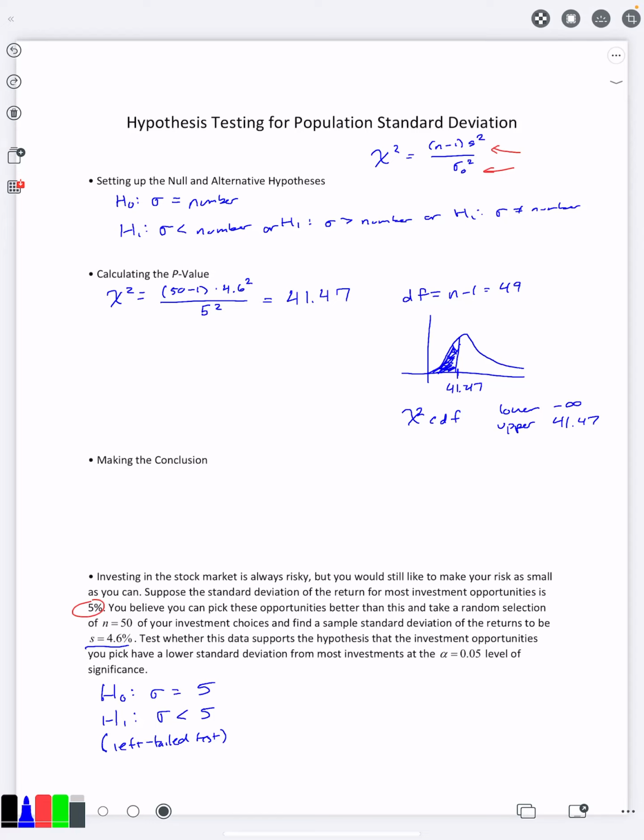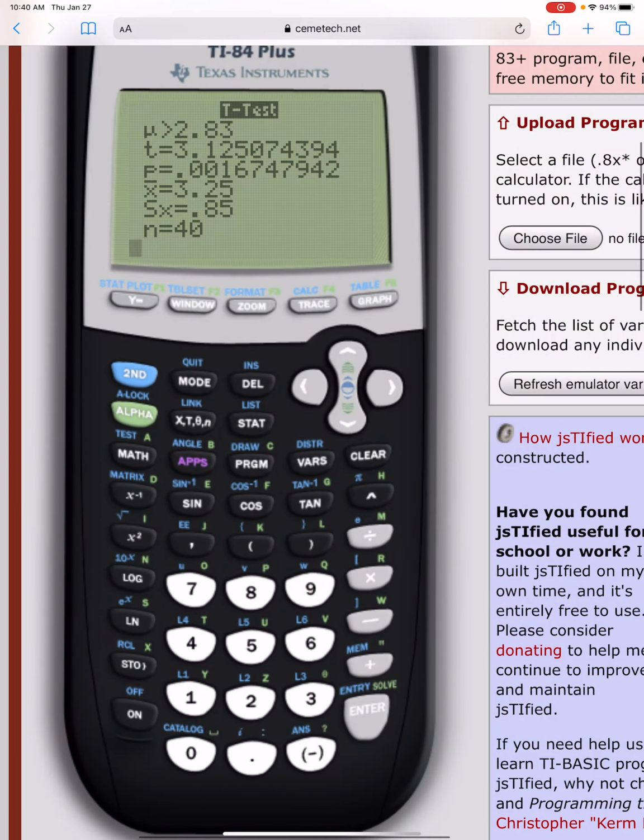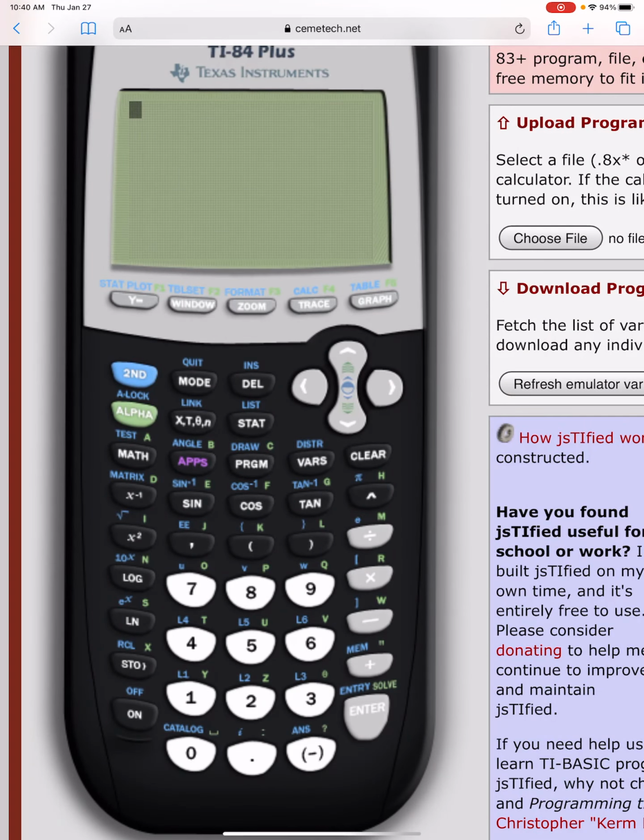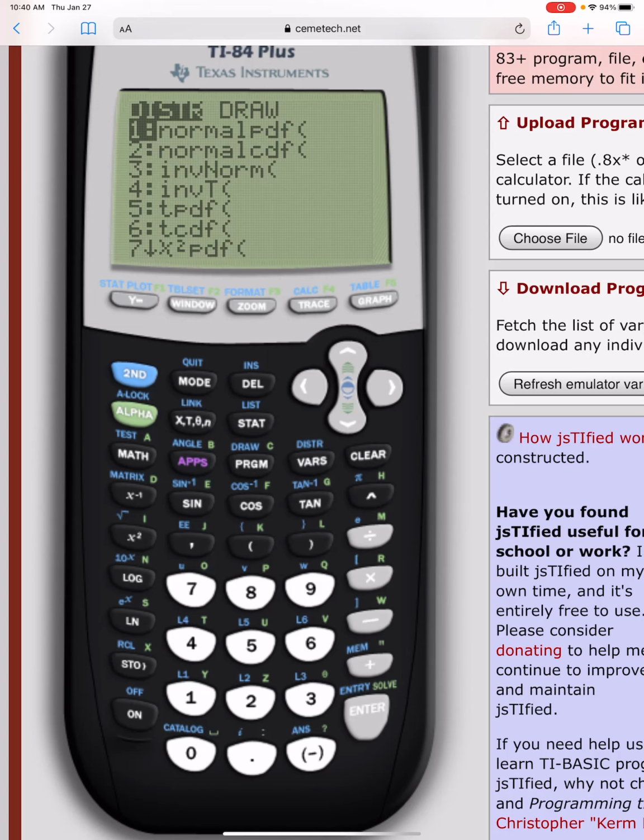So let's go ahead and actually show you how to do that in the calculator now. So we got 41.47 and 49 degrees of freedom. To get into the chi-squared CDF, we're going to hit second vars. And then we're going to scroll down, and you're going to see not chi-squared PDF, you want chi-squared CDF.